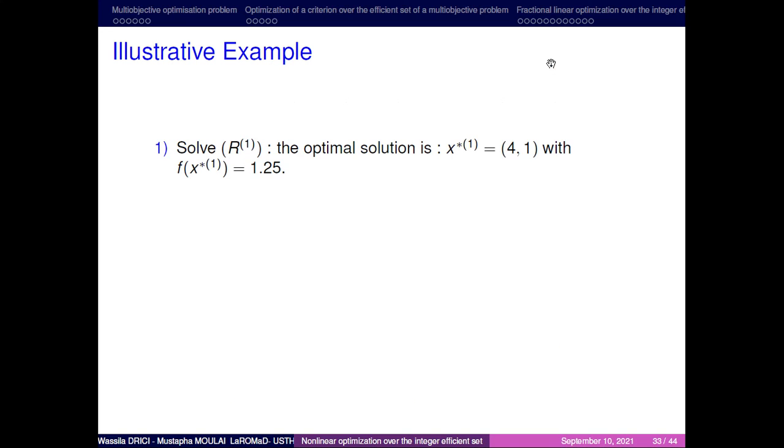Solving the relaxed problem on the set of feasible solutions D1 gives the optimal solution x1 with the value equal to 1.25.